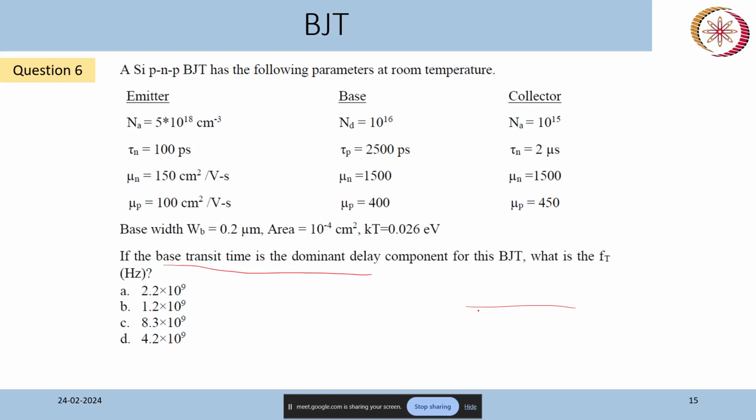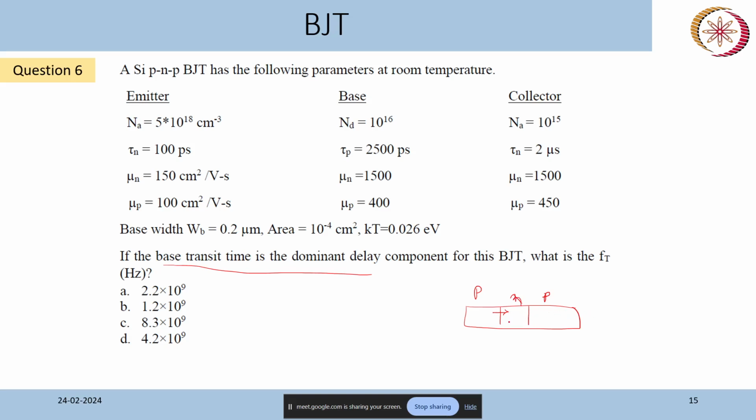So it is a PNP transistor, holes will move here and it will travel the base region, and then the electric field here will actually capture the holes, and then that will give rise to the collector current. Okay.